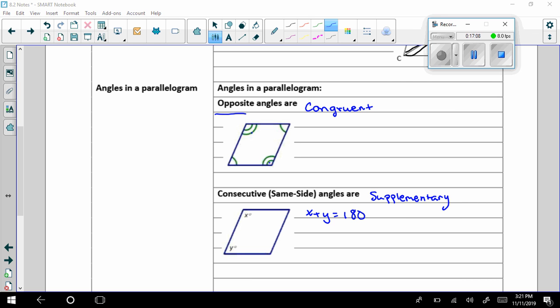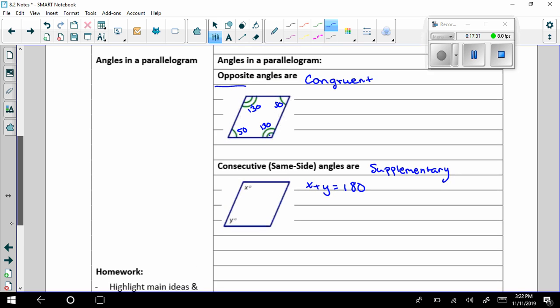Okay, so if I gave you this one, you should be able to then know this is 130. You could then figure out quickly that this would be 50 and this would be 50. Okay, so knowing what is the same, what adds to 180 will be important. That goes, again, all the way back to parallel lines and transversals. But other than that, that's it.